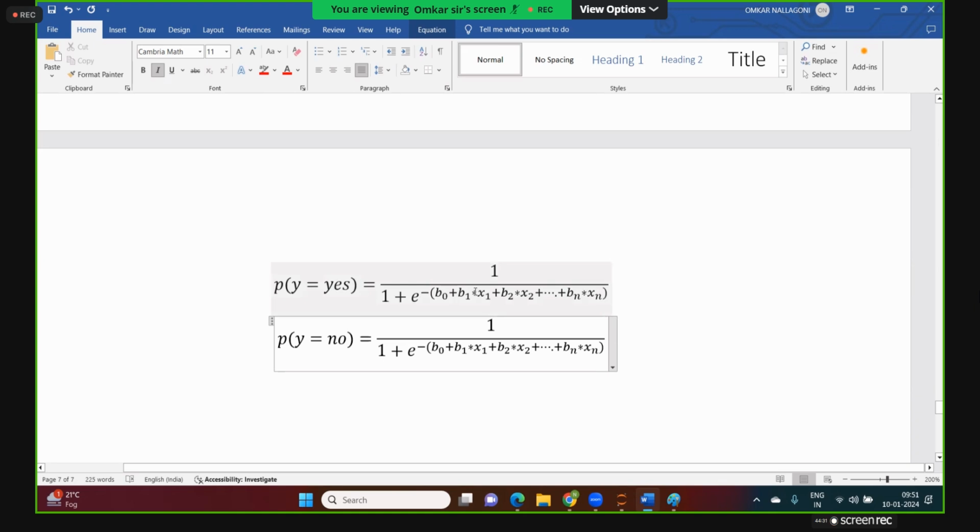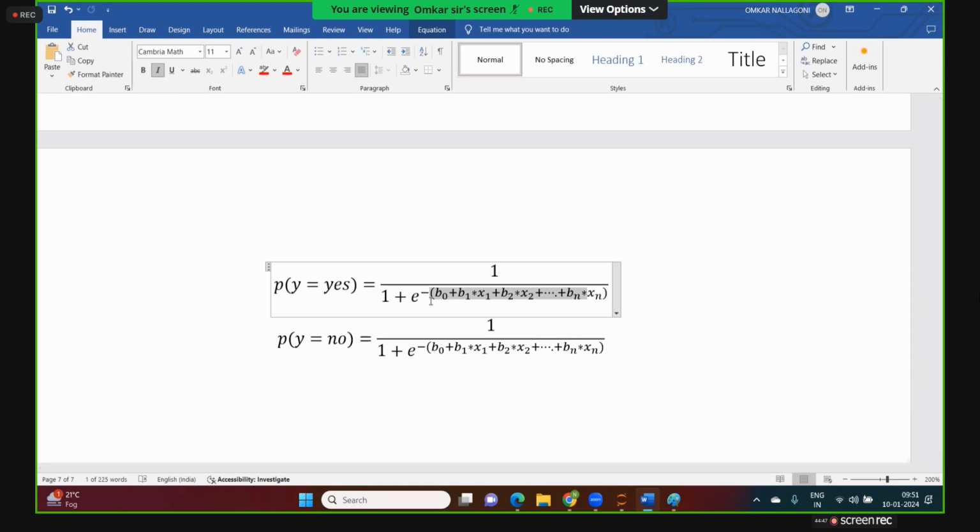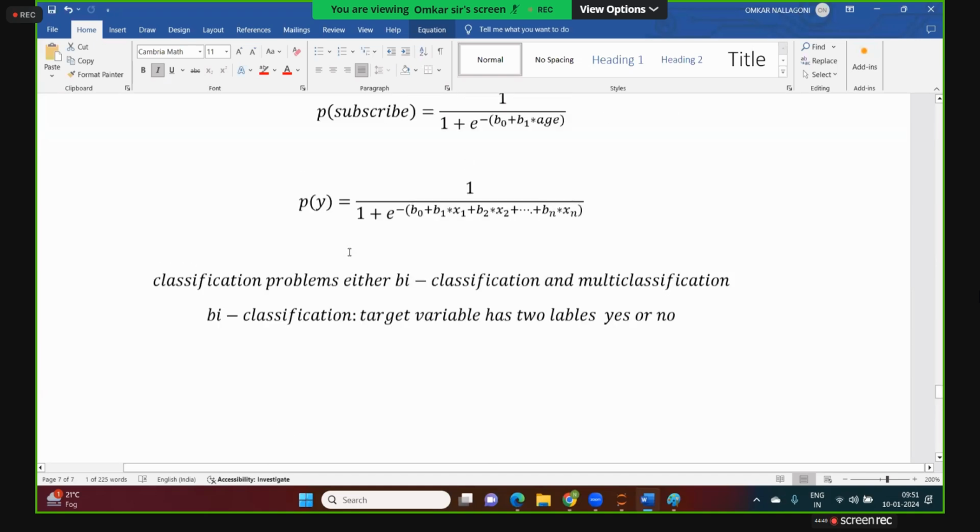That means the data is this only: X1 has data, X2 has data, X3 has data. You will calculate the regression equation, apply the 1 plus e power minus x formula, and then you will get one value. So this is generally what will happen.